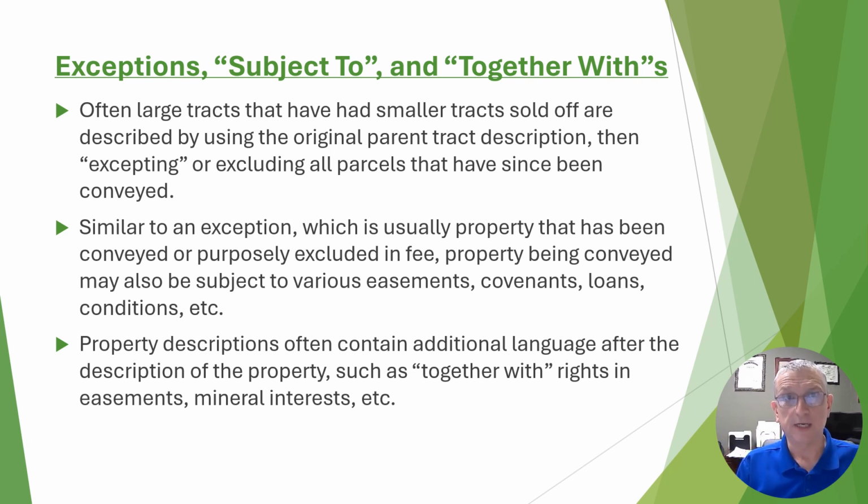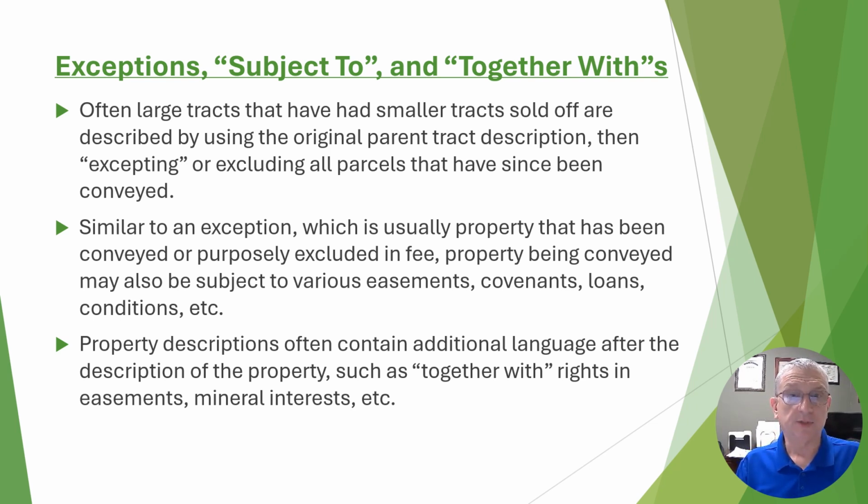So in other words, it's saying, we're selling this big piece of property, 200 acres, 20 acres, whatever it is, less and except these pieces. So that's what you're surveying: you take the parent tract as it was and you carve each of those off. It's fairly common. That's when tracts have been sold off in fee.